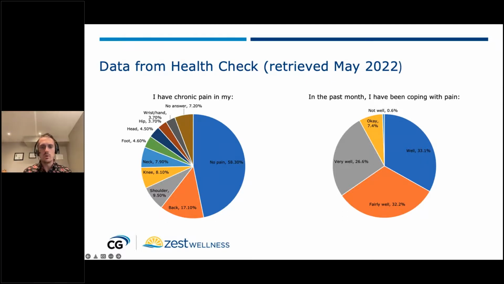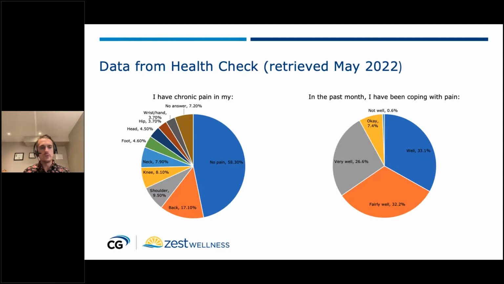It's one thing if you have chronic pain, and another thing how you manage that chronic pain. For both of these factors, we see a spread of individuals who have chronic pain, and in terms of managing it, some only fairly well, or even some individuals not well.